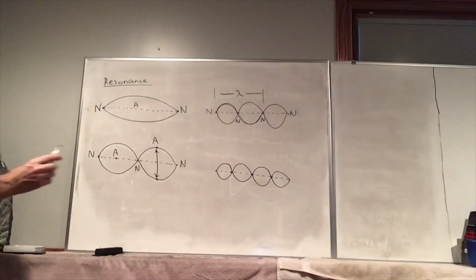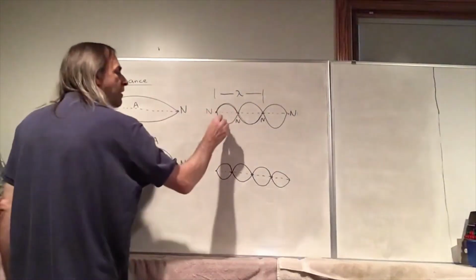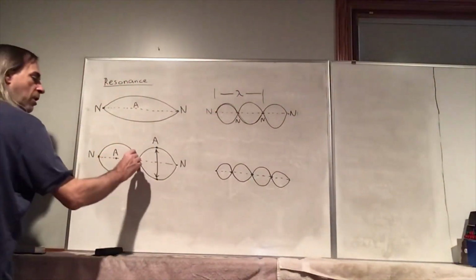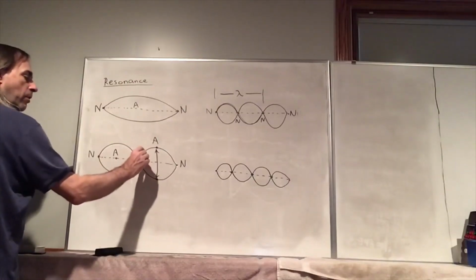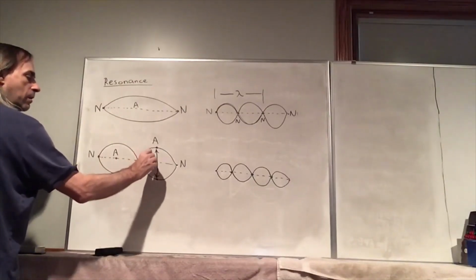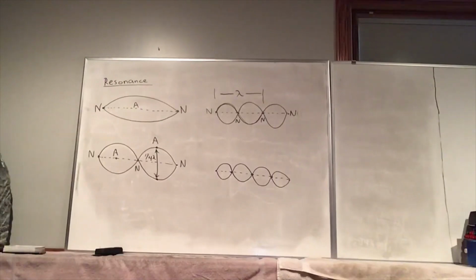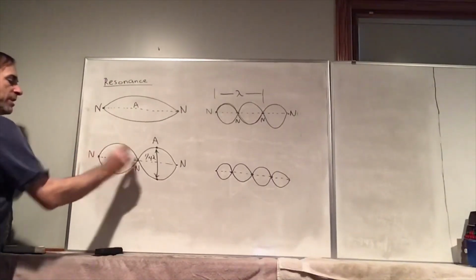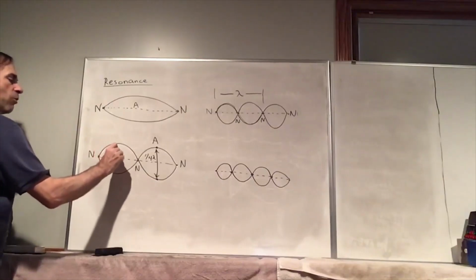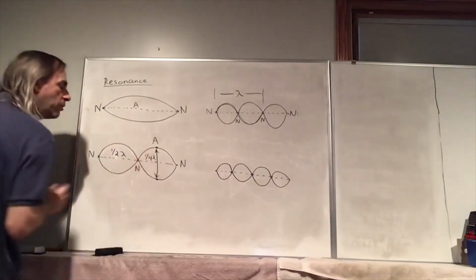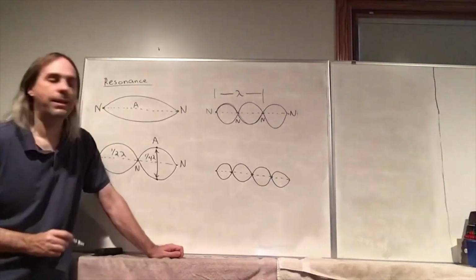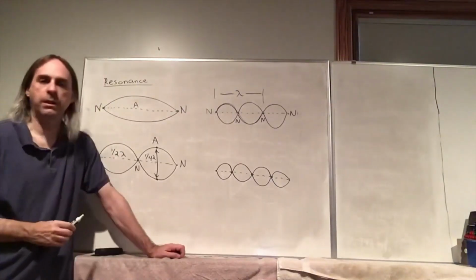So if you look at just one of these from one node to the next, that's half of a wavelength. Or if you go from a node to an antinode, that's a quarter of a wavelength. So to go from one node to the next is half of a wavelength, and from one node to an antinode is a quarter. And this is kind of the key to finding the frequencies.